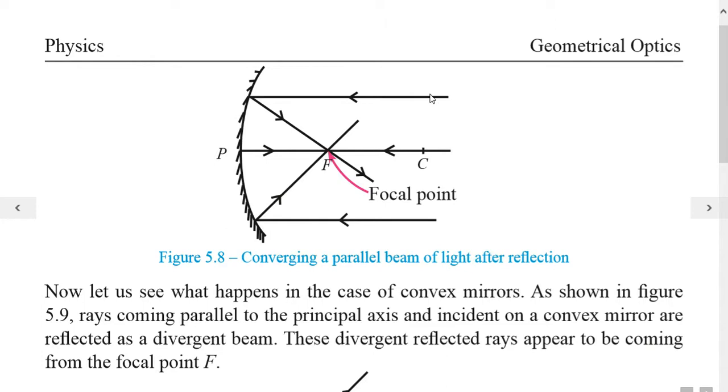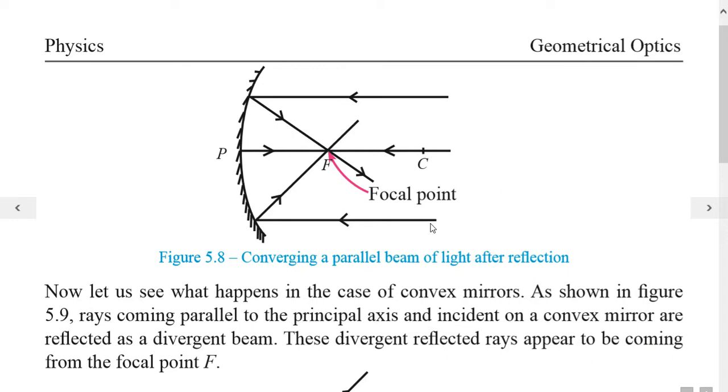We take a ray. It's coming towards the mirror, parallel to the principal axis. It's incident on the mirror. Then after its reflection, this ray goes through a certain point of the principal axis. Then we take another ray, also coming parallel to the principal axis. After the reflection, it also goes through a point of the principal axis.